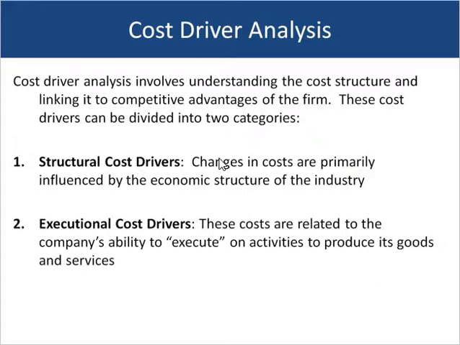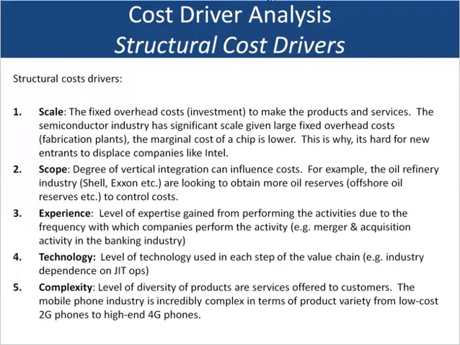And then executional cost drivers, on the other hand, are related to how companies are able to execute. This is something that they are typically able to influence. So structural cost drivers are things like scale, scope, experience, technology, and complexity. There isn't much you can do here.